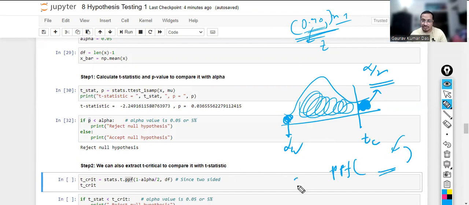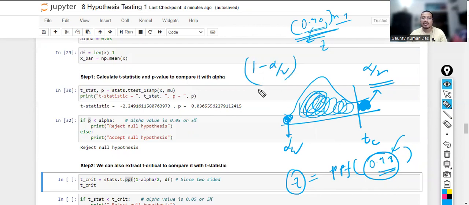So for the Z before, if I do 0.98, it means that this Z covers this much area under the curve. So here we actually need TC, which will be covering not alpha by 2, but 1 minus alpha by 2 of the curve. And if I do this, whatever T value I get, that will be my critical value.